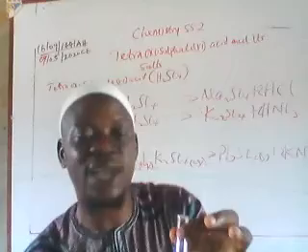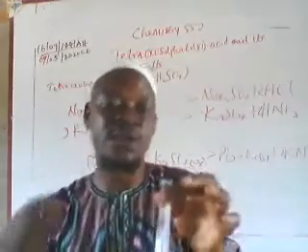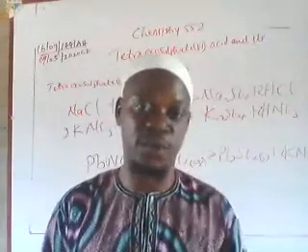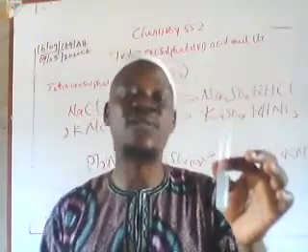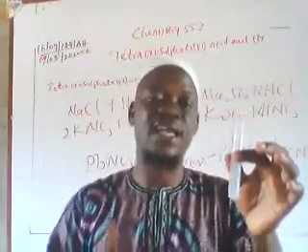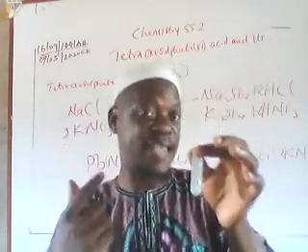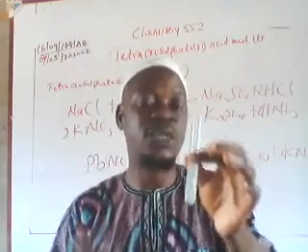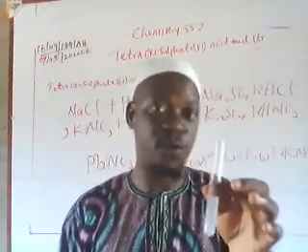But how will I distinguish between trioxosulfate 4 ion and trioxocarbonate 4 ion? That's also very simple. I just need to get another sample of the solution, and I will test it with an oxidizing agent like acidified tetraoxomanganate 7. You remember last class, trioxosulfate 4 ion would decolorize acidified tetraoxomanganate 7, acidified KMnO4.